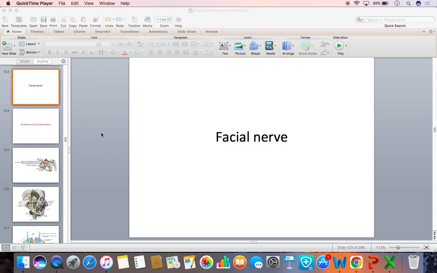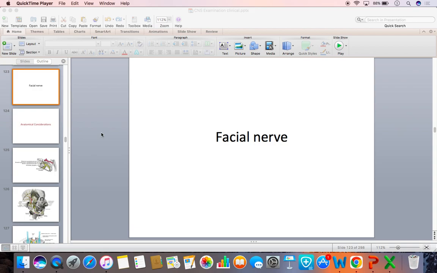Then we briefly talk about the pathways of the upper motor neurons and the lower motor neurons. We discuss the features of the upper motor neuron lesion signs as well as the lower motor neuron signs.